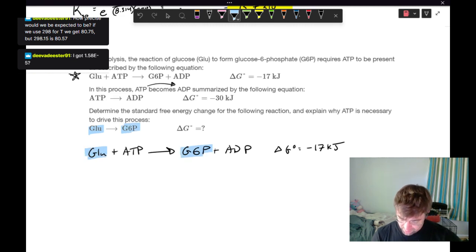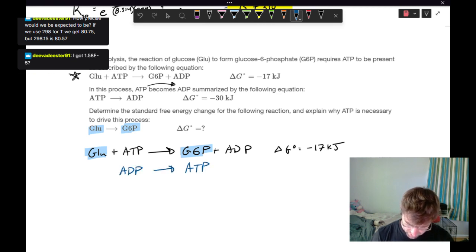And to get there, we are going to subtract the intermediate reaction. So to cancel out the ATP, we have to get it on the product side, which puts our ADP on the reactant side. And our delta Gibbs free energy for that was negative 30 kilojoules, but we're flipping it, so it's positive 30 kilojoules.